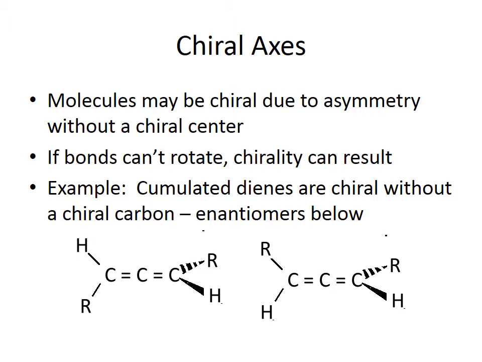Notice these carbons are all in double bonds, so they cannot be chiral if they're in a double bond. No big deal, just recognize that when you have compounds that have three dimensions like this and they're held so that bonds can't rotate, sometimes you can have some chirality result. And it has to be when there's cumulated double bonds or when there's a ring and a ring attached to the same carbon.